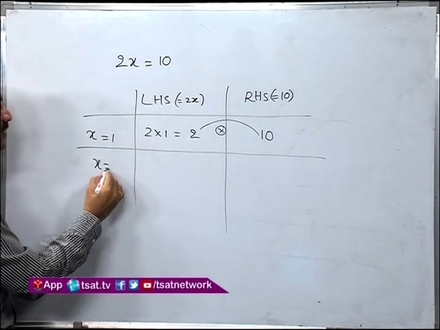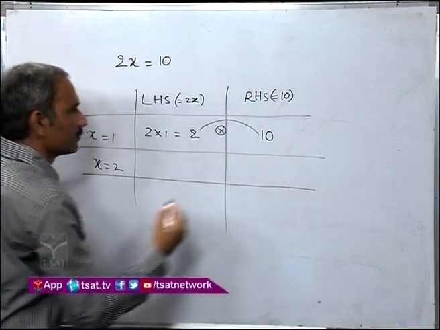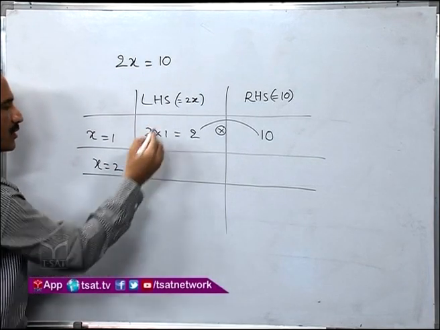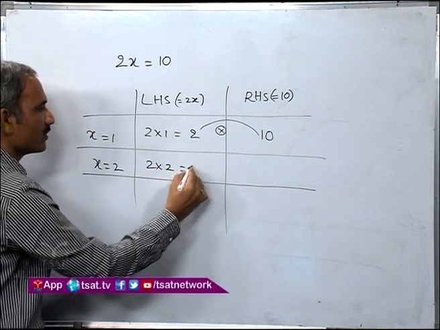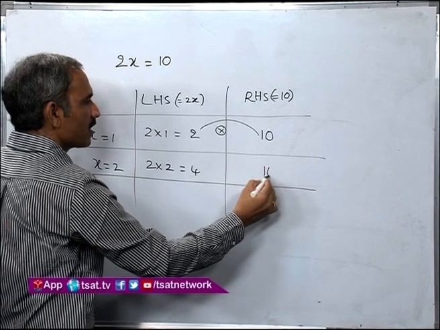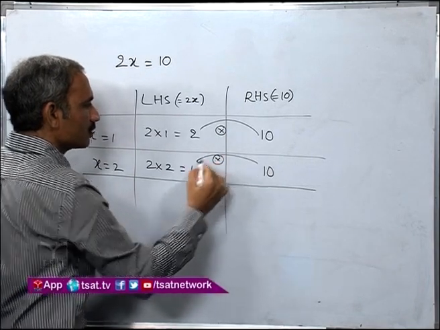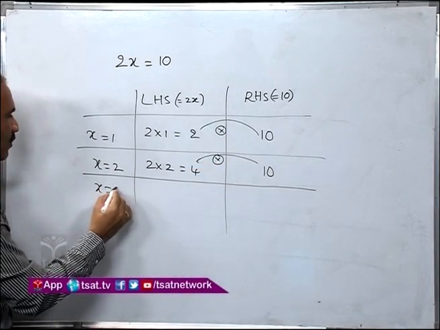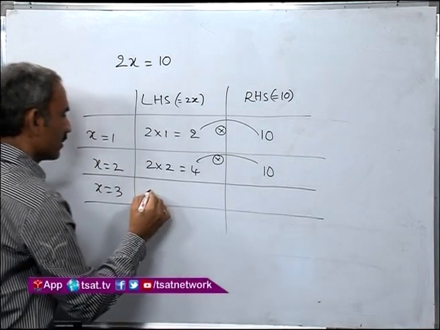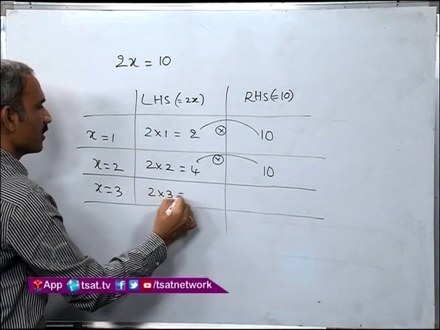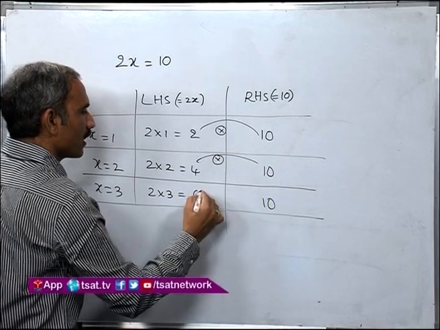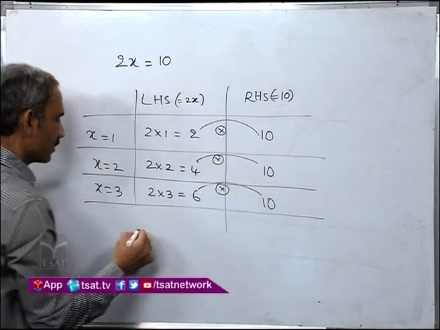If you take x is equal to 2, what will happen? Again do the same. Substitute here 2 into 2, which is 4, but the RHS is 10. Again they are not equal. If you take x is equal to 3, what happens? This is 2 into 3, that is equal to 6. Here we have 10. Again these two are not equal, right?